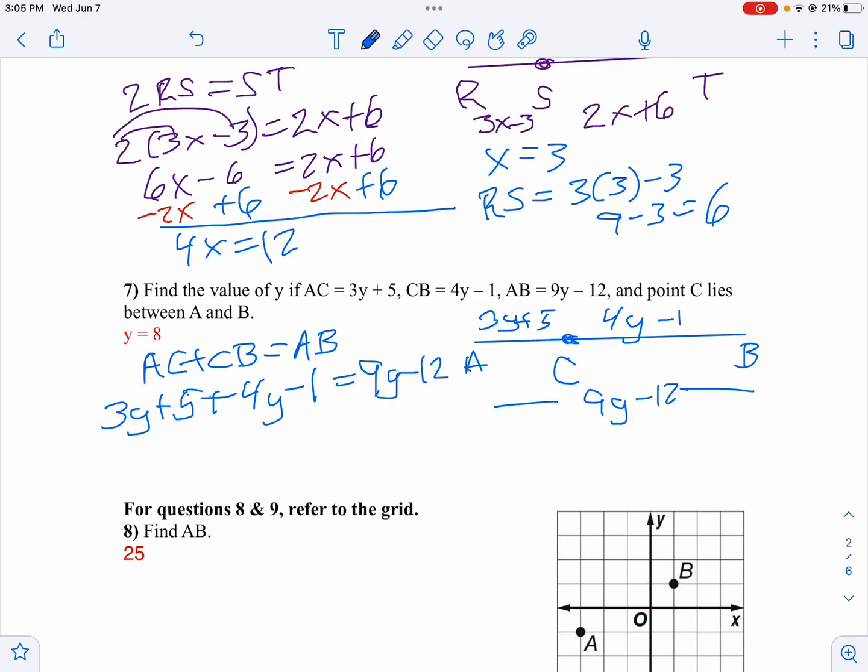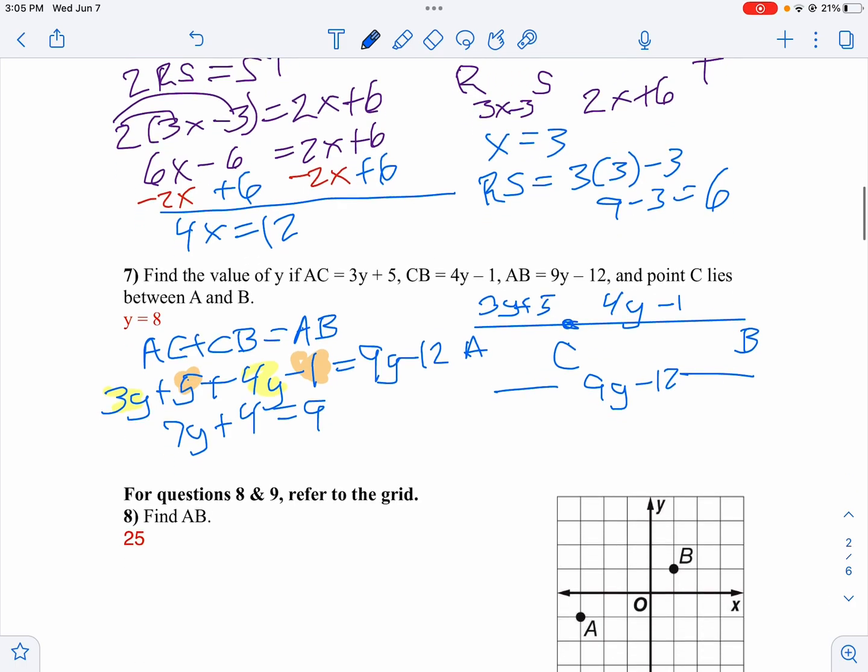Now, if I combine my like terms, 3y plus 4y is 7y. And 5 minus 1 is 4, so plus 4 equals 9y minus 12.